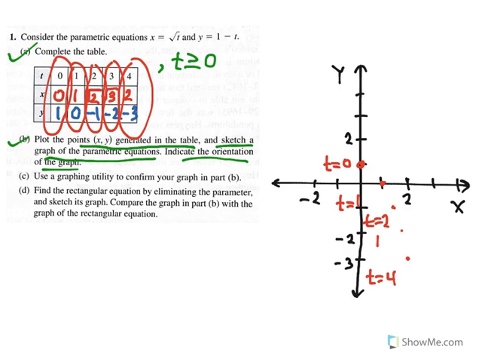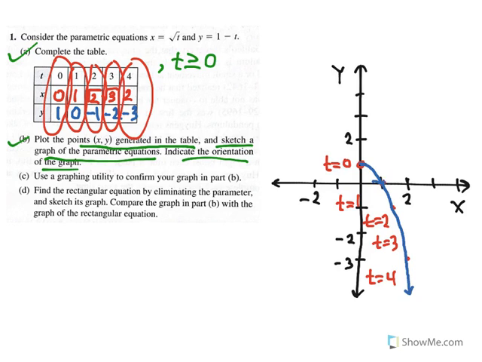So if you look at these points, we can see that we start at t is equal to 0, and now I'm going to trace the curve given by the set of parametric equations. I start at t is equal to 0, the point 0, 1, and then I go to t is equal to 1, to t is equal to 2, to the point given by t is equal to 3, and to the point given by t is equal to 4.